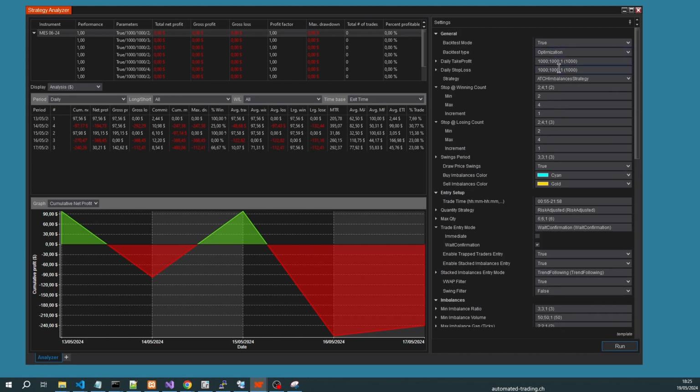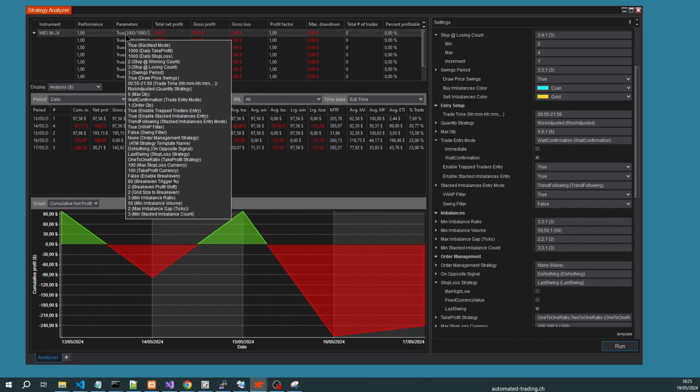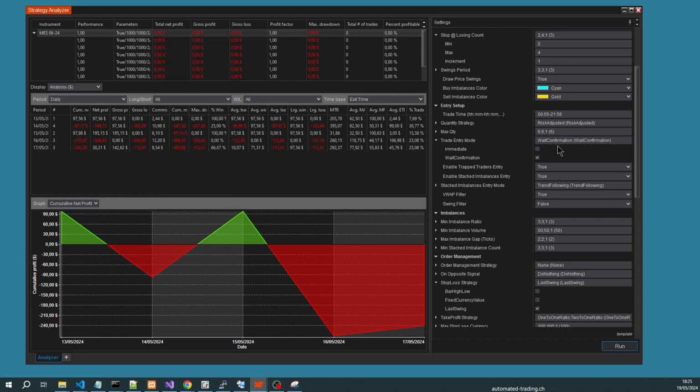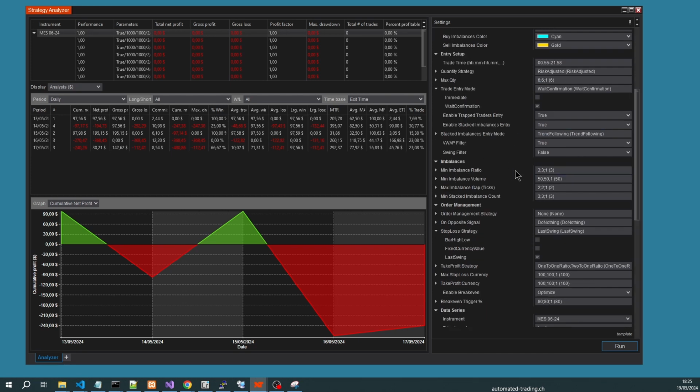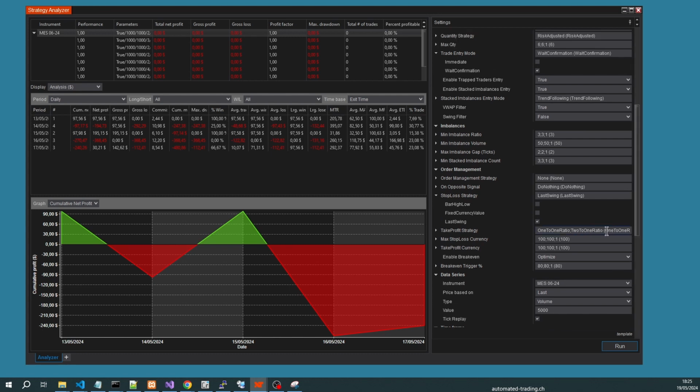And you see here that if you hover over the parameters, the parameters of this run will be displayed in between parentheses next to the parameter. So here, for this selected run, it shows you the active value.